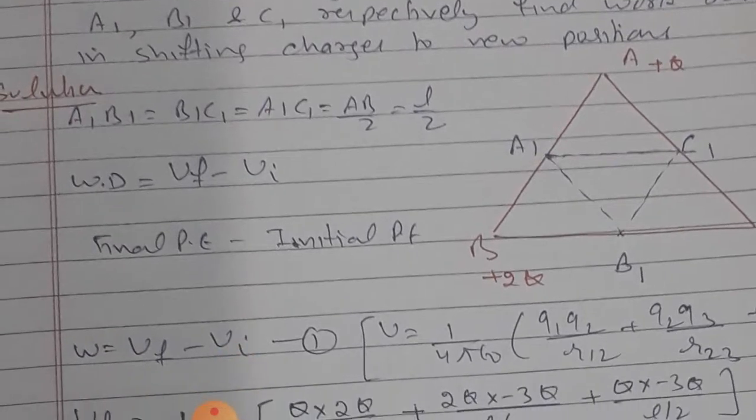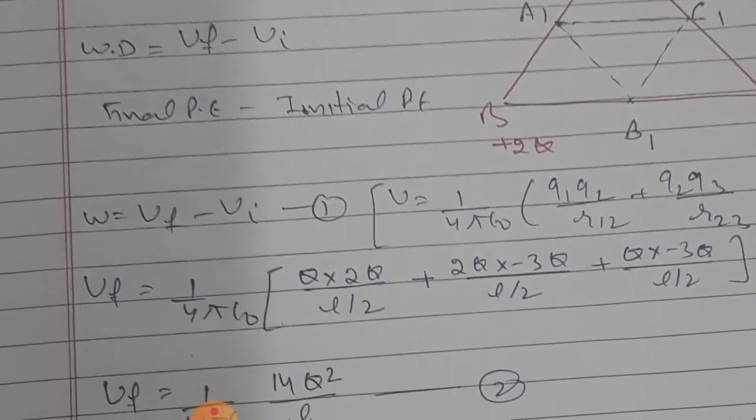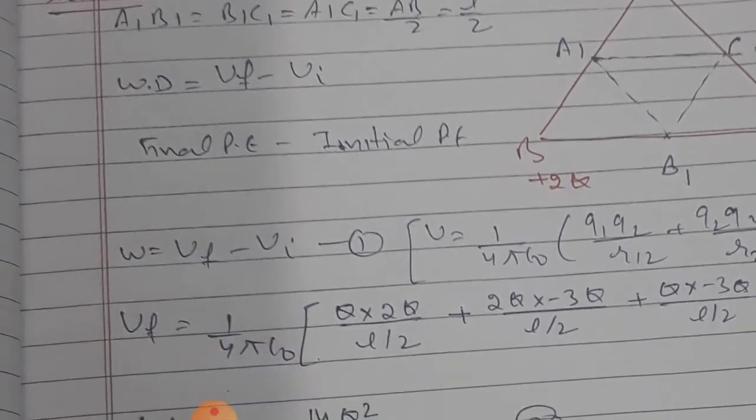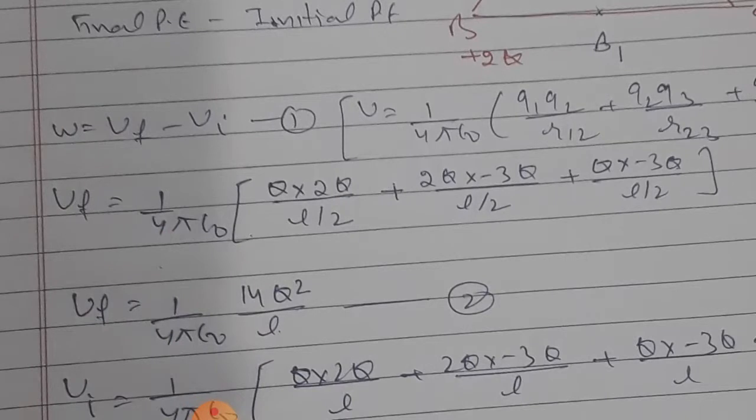So see here, as it is an equilateral triangle and A1, B1 and C1 are midpoints, A1B1, B1C1 and A1C1 are equal to L by 2. Work done is equal to UF minus UI. So we will evaluate UF minus UI by finding the value of UF first and then UI.